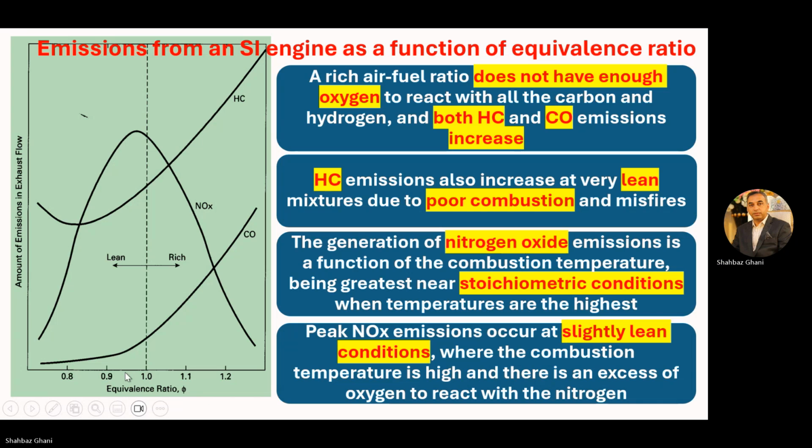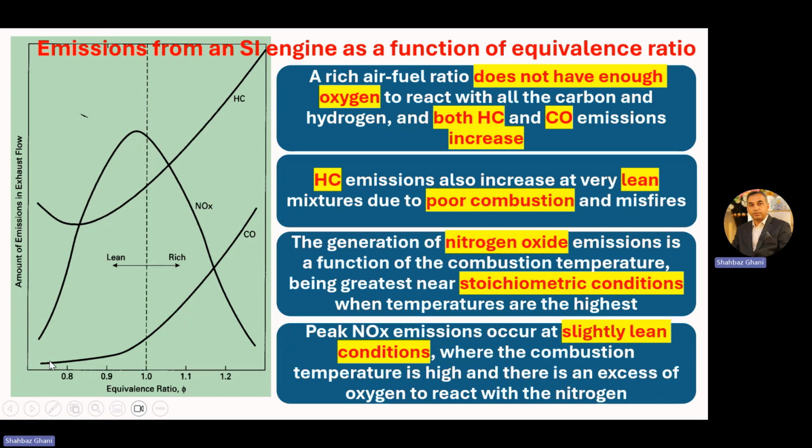When phi is equal to 0.95, we have maximum temperature and maximum pressure. At maximum temperature, we have the maximum NOx. So we have the maximum NOx just before the equivalence ratio of 1, and then it decreases like this.